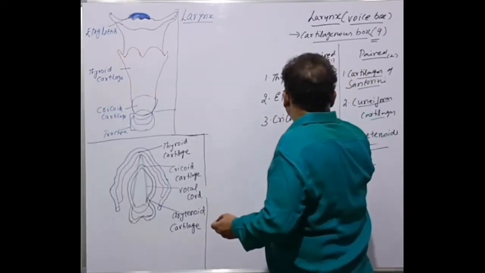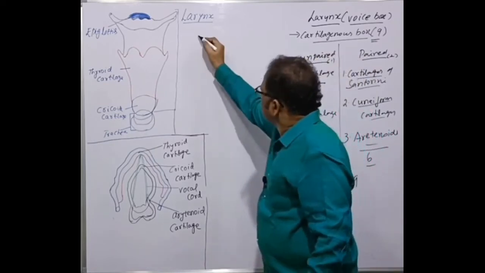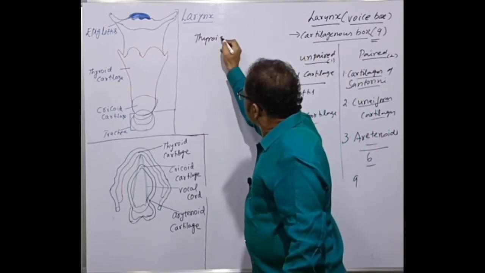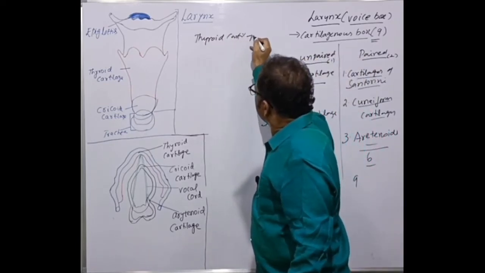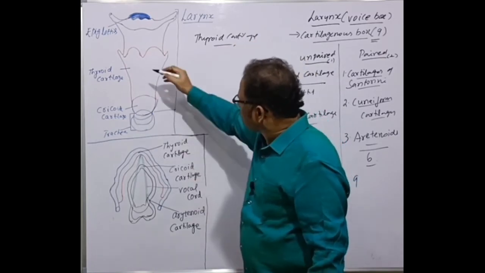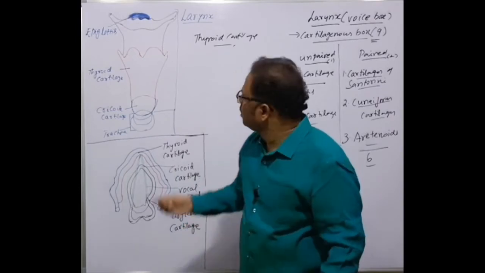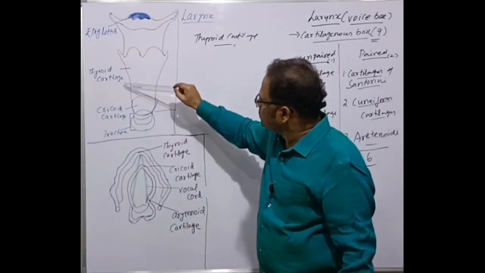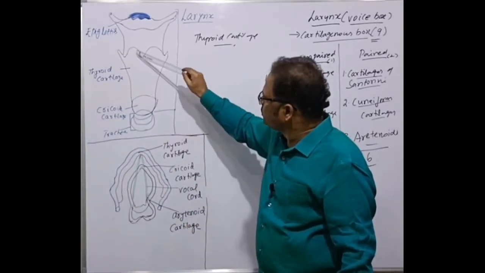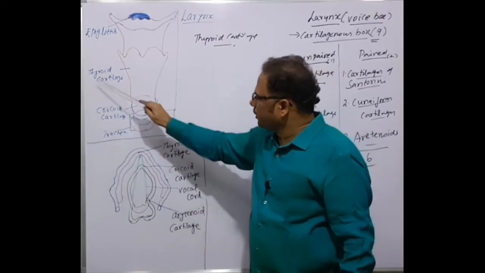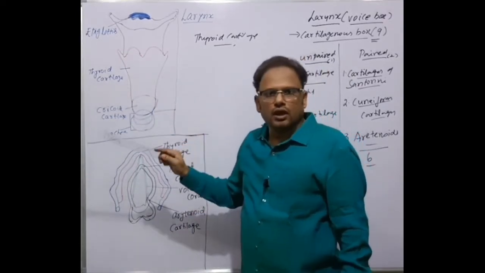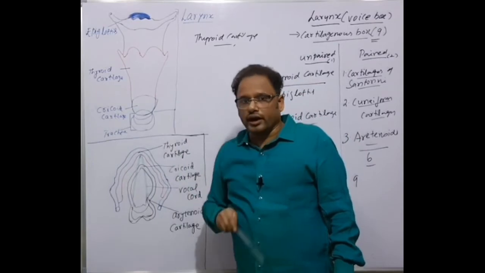Now let's discuss thyroid cartilage. So this is the thyroid cartilage here, bachon. This entire structure is the thyroid cartilage, because here the thyroid gland is there, one of the endocrine glands, the largest endocrine gland, isn't it?